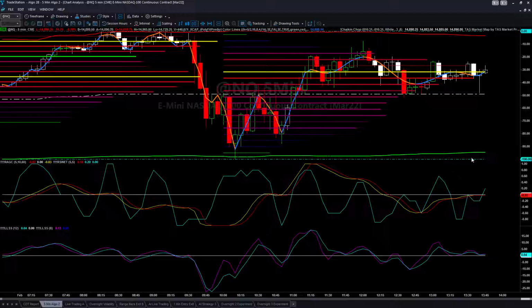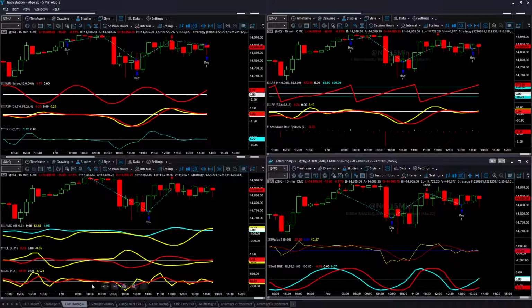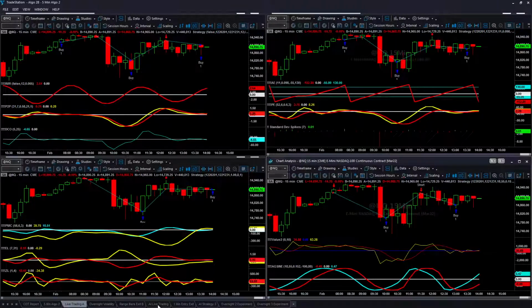1 more minute. Let me flip this screen because I am interested to see if we get any change here and on the other 2 AI algos that I've got on the other workspace. Boom, right there.